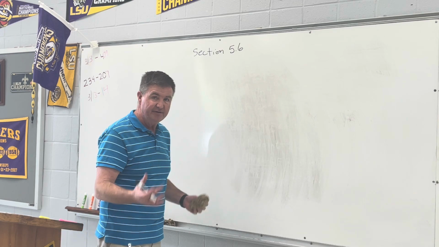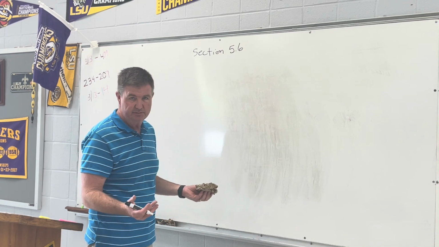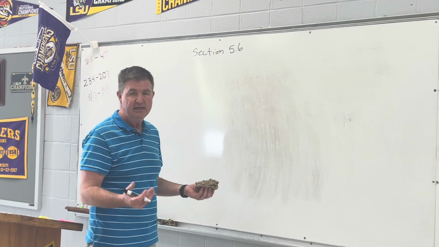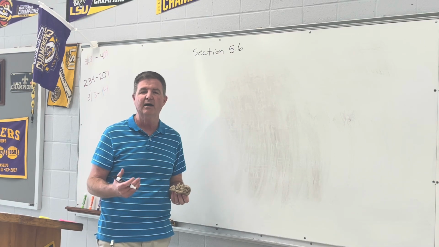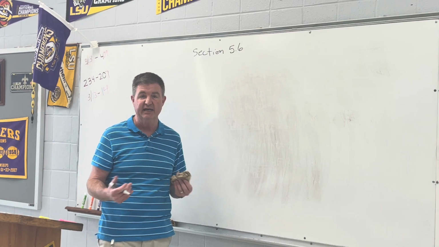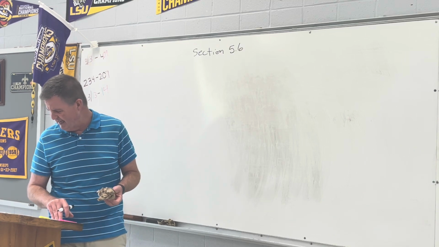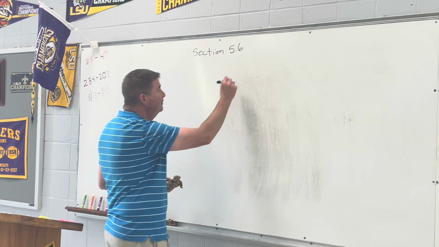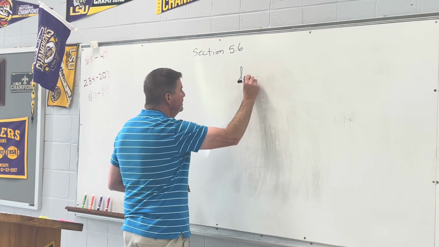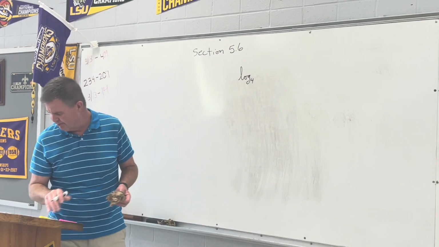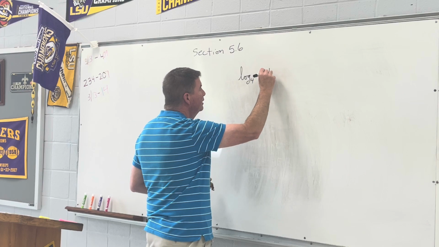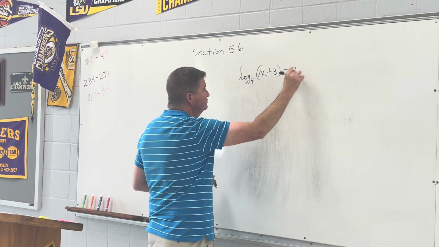Now remember, to solve an exponential equation, we did the log of both sides. So to solve a log, most of the time we're going to look at turning it into an exponent. So example 5 says log base 4 of x plus 3 equals 2.